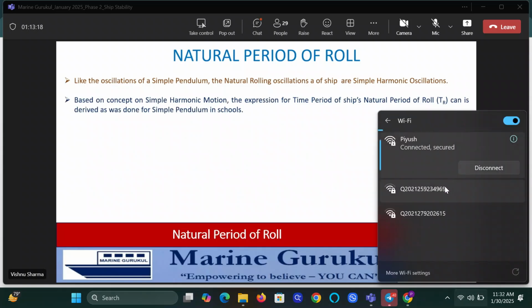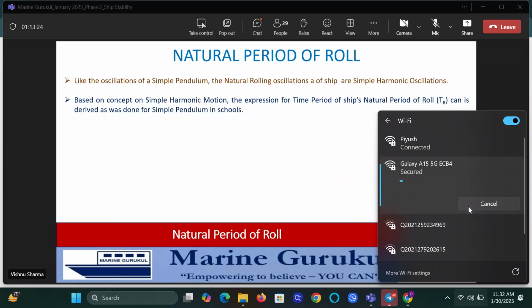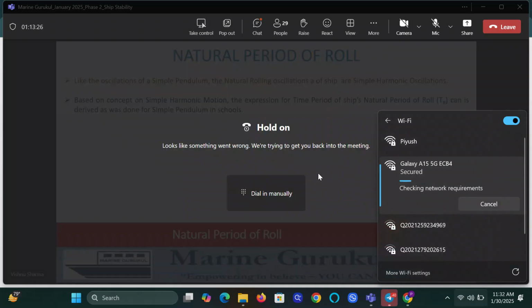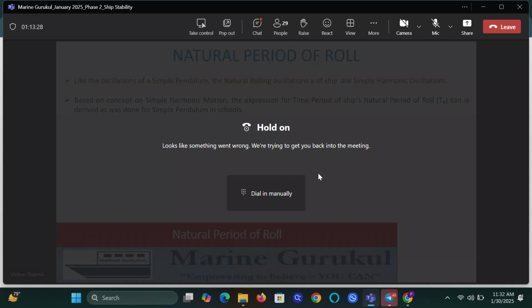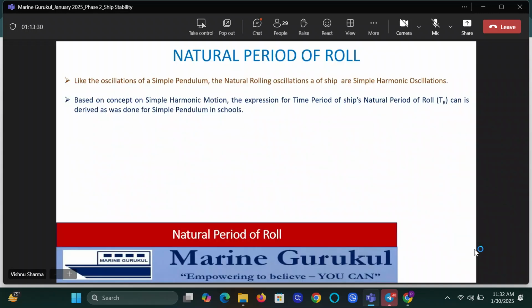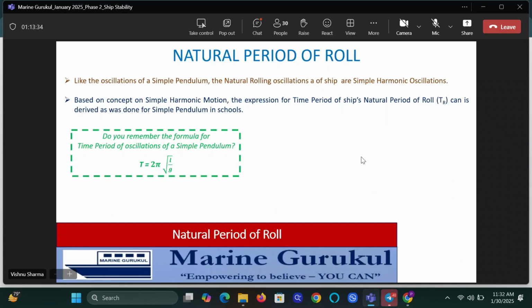Based on the simple harmonic motion concept, the expression for the time period of the ship's natural period of roll can be derived. This was the formula you had done in school for the period of a pendulum, where it depended on the length of the pendulum, right?